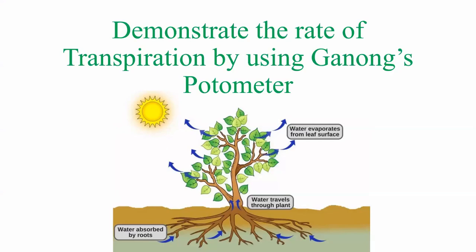But in transpiration, water is lost in vapor form, while in guttation, water is lost along with minerals in liquid form. Okay, that's guttation.